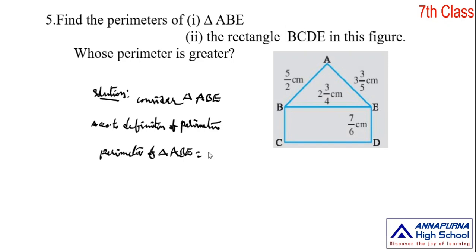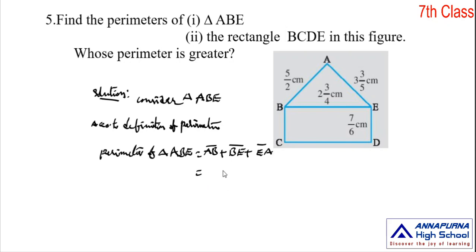so we can write it as line segment AB plus line segment BE plus line segment EA.